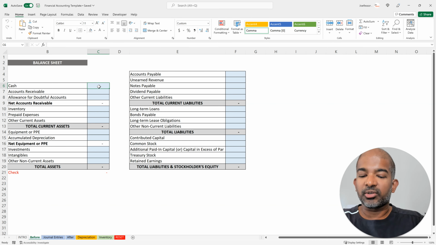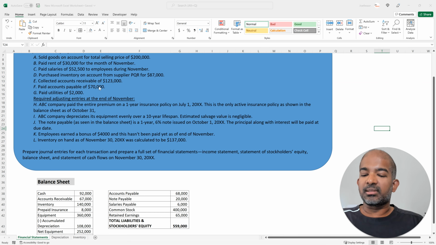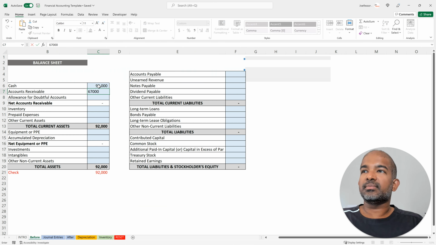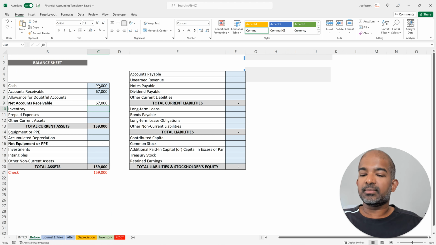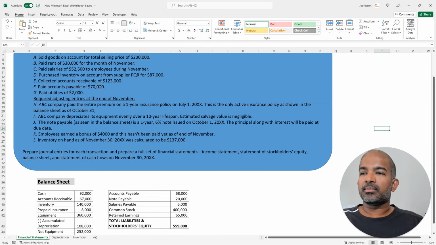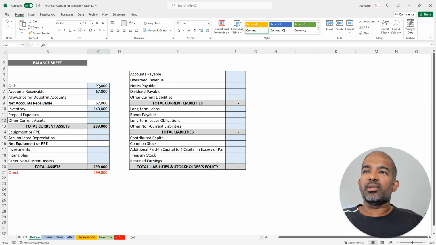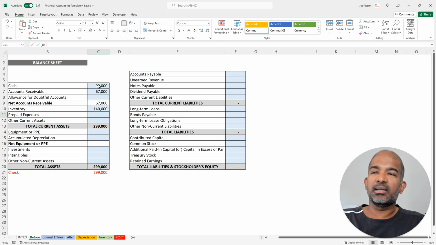So that's cash of 92,000, accounts receivable of 67,000. There's no allowance for doubtful accounts. Inventory of 140,000. Prepaid insurance of 8,000. You can either use the prepaid expenses section here, or you can use the other current assets and you can rename them if you want.